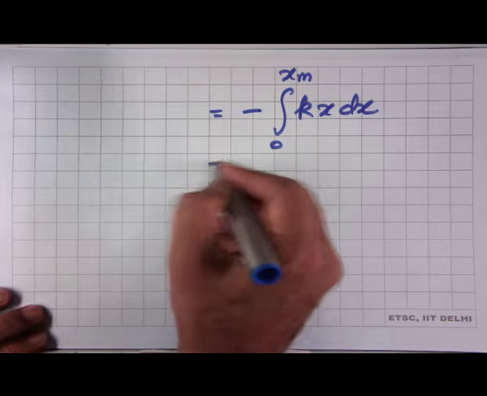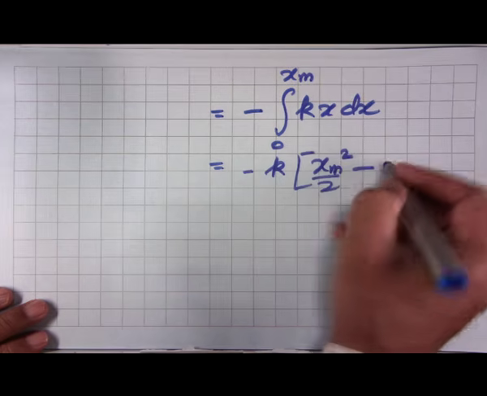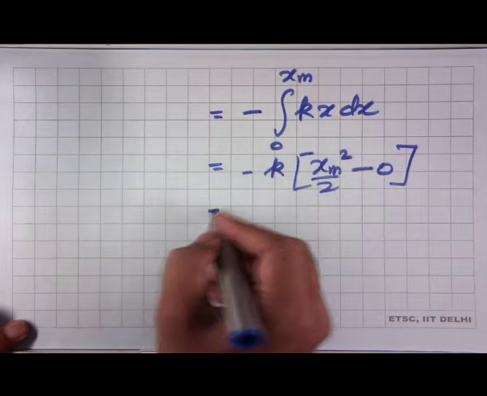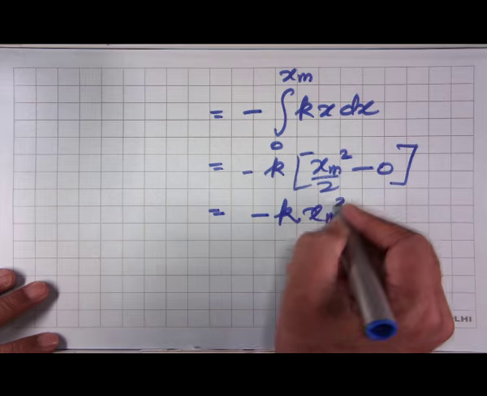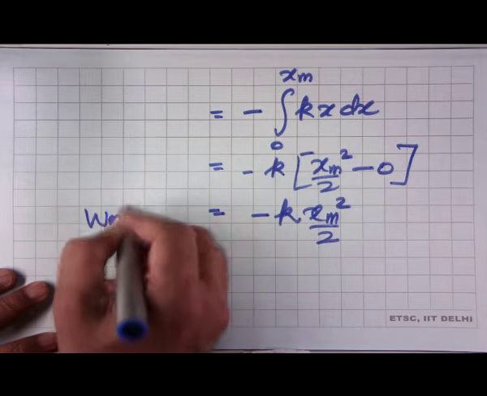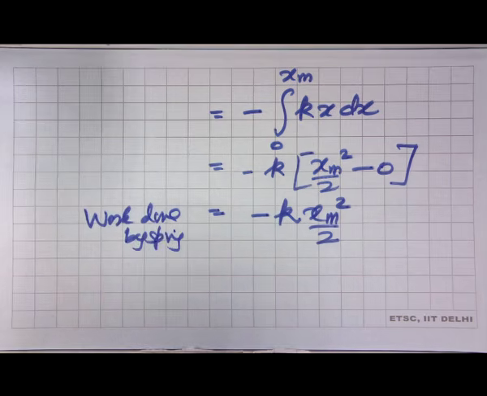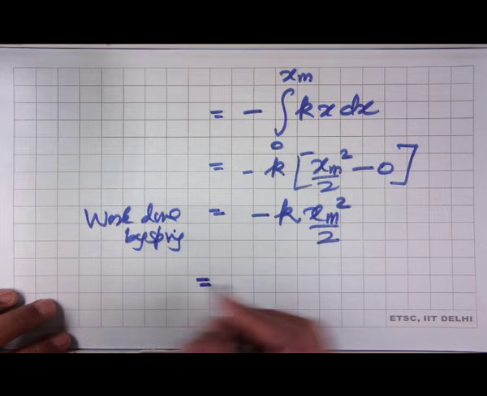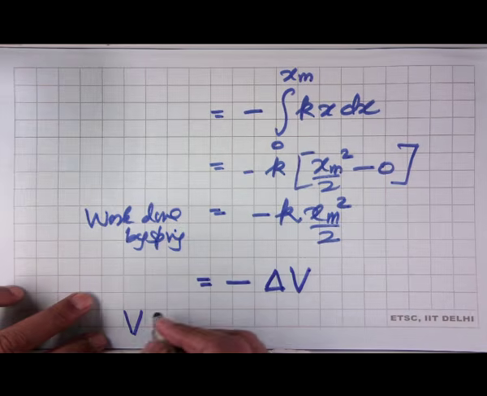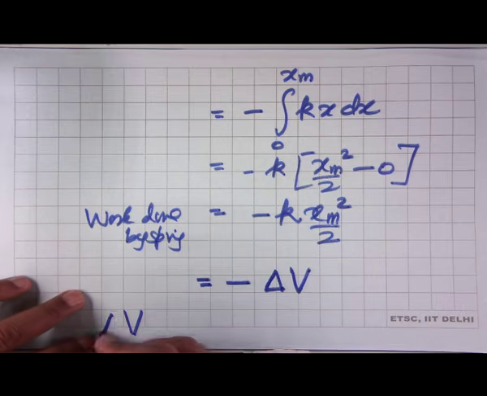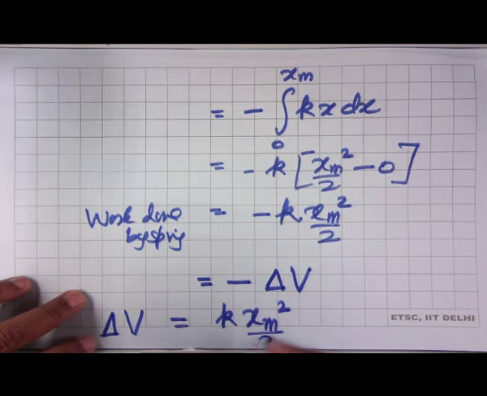So, this becomes equal to minus k times xm square by 2 minus 0. Therefore, the work done by spring is equal to minus k times xm square by 2. And work done by spring is equal to minus the change in potential energy. So, the change in potential energy can be written as k times xm square by 2.